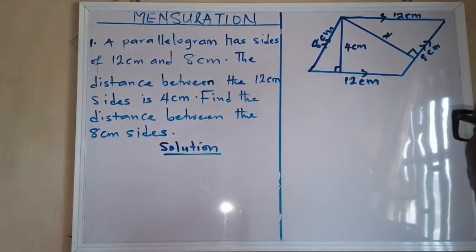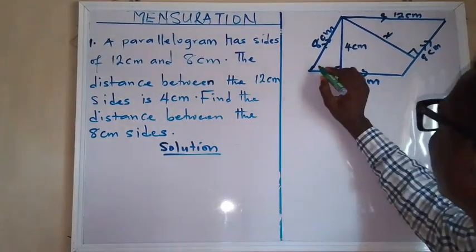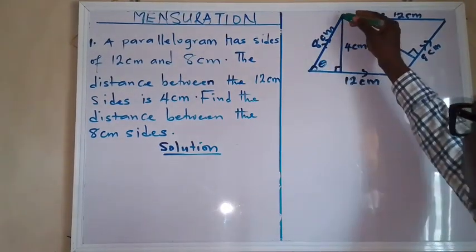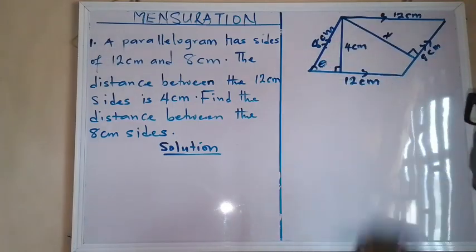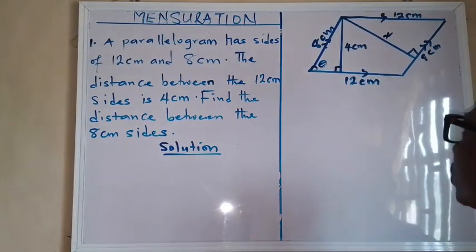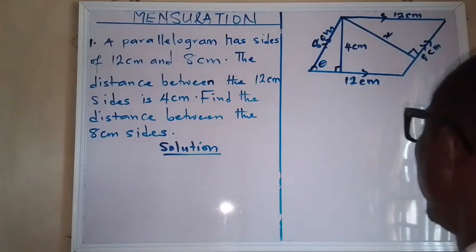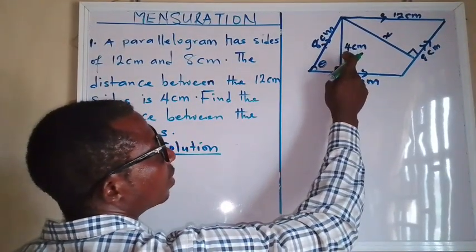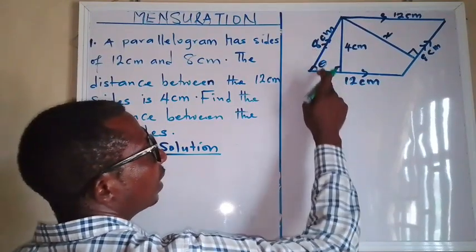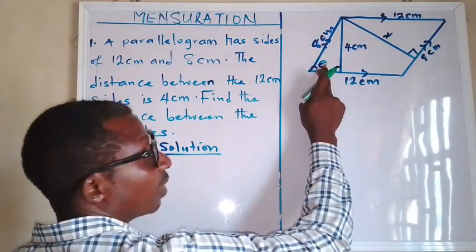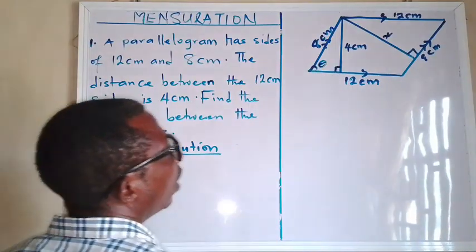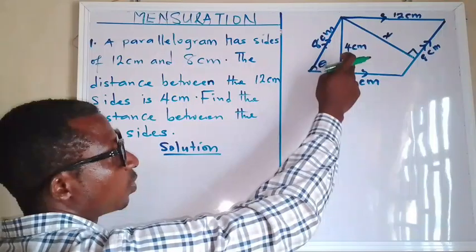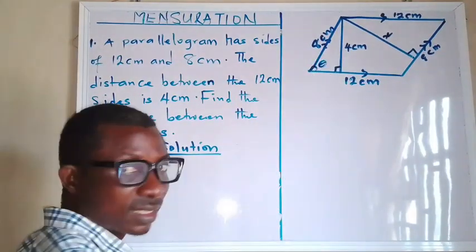Now to do this, the first thing now is to get this angle. We need to get this angle. So let's consider this right angle triangle. Okay, so when you look at this, this is opposite, this is hypotenuse, and this is adjacent, since this is our reference angle. So in this case, we have opposite and hypotenuse given. So opposite and hypotenuse, that is sine.